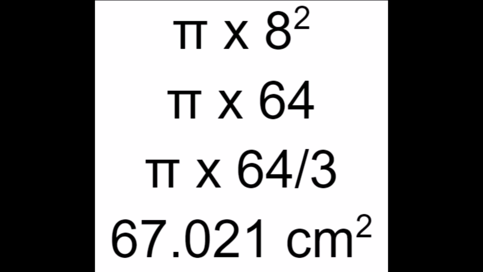We can leave this in terms of pi for now until the final result. This sector, with an angle of 120 degrees, is 1/3 of a circle. We now take 64 pi and divide by 3, giving us 64 pi over 3. We can now put this into the calculator to get about 67.021 square centimeters.